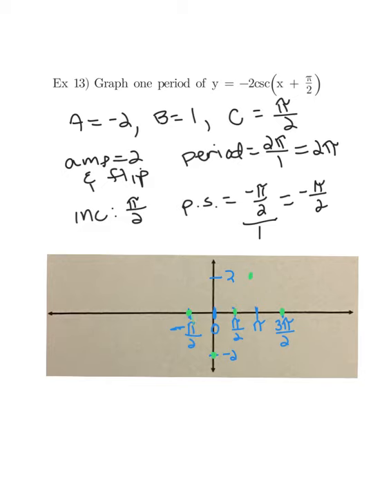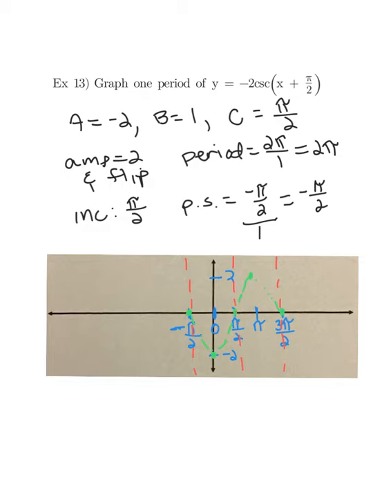So here is your flipped sketch of a sine function, where we have the zeros at negative pi over 2, positive pi over 2, and 3 pi over 2 are vertical asymptotes.